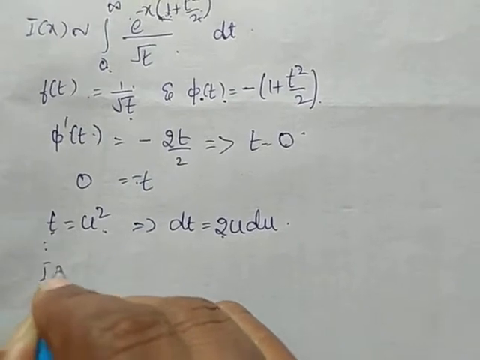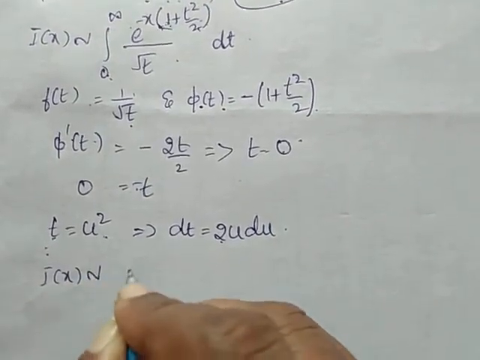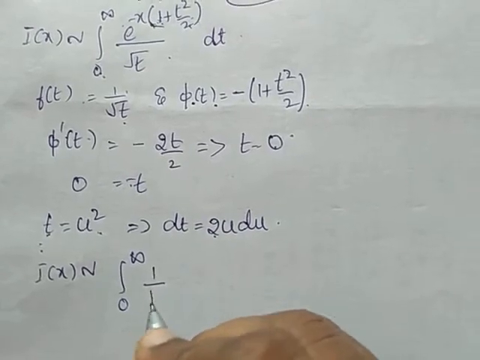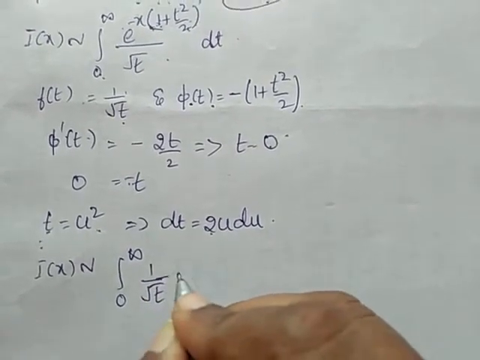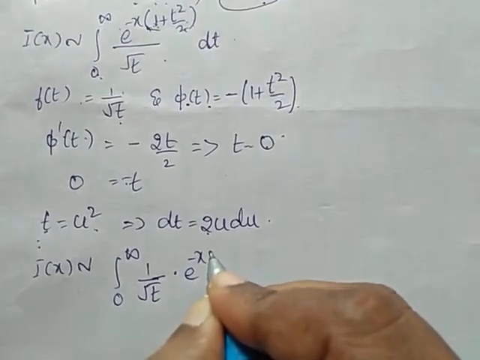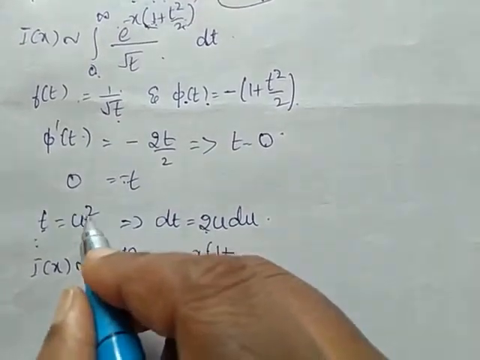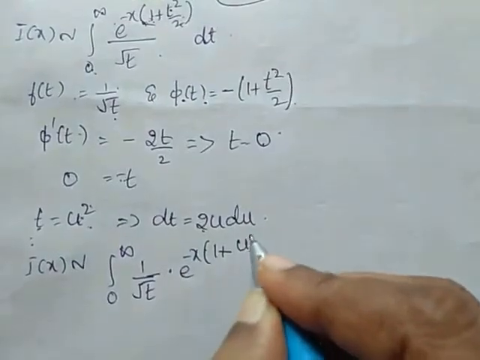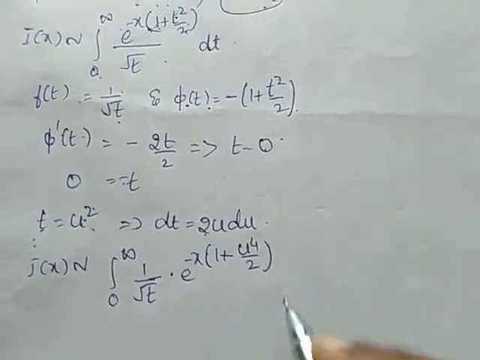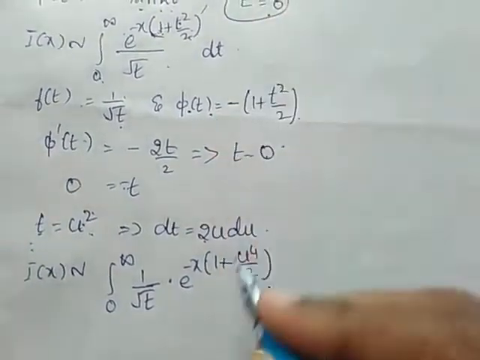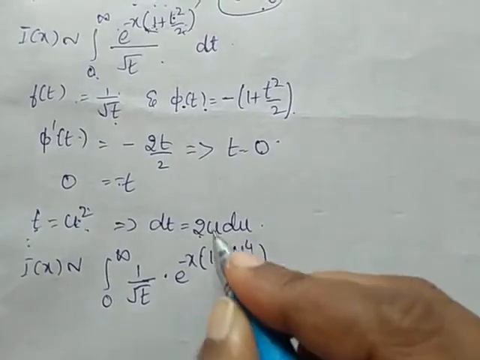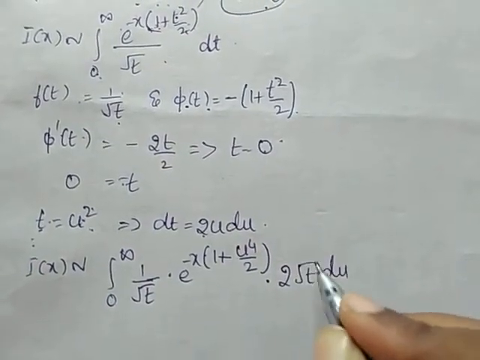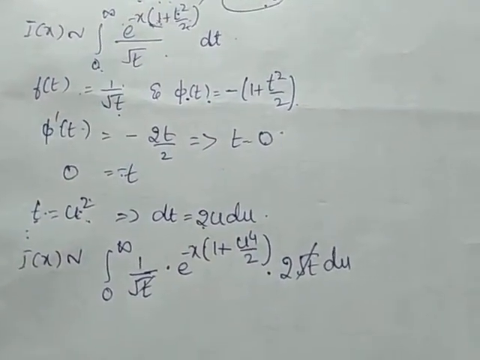I get I of x asymptotic to the integral from 0 to infinity of 1 by root t, e power minus x times 1 plus u square. T is u square, so I am having u power 4 by 2, into dt. What is dt? 2u du. What is u? Root t. Now root t will get cancelled.